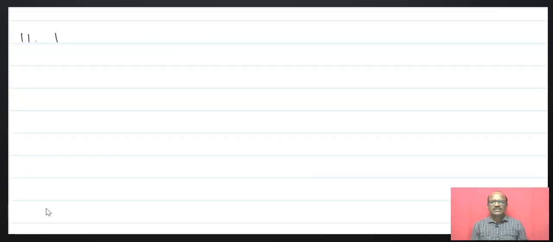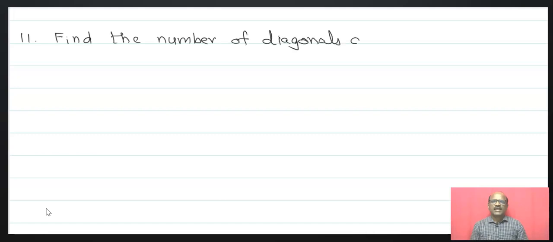Now, next example, example number 11. Find the number of diagonals of an n-sided polygon.